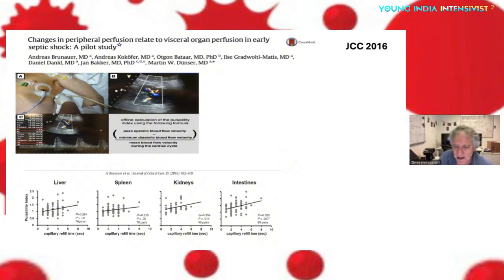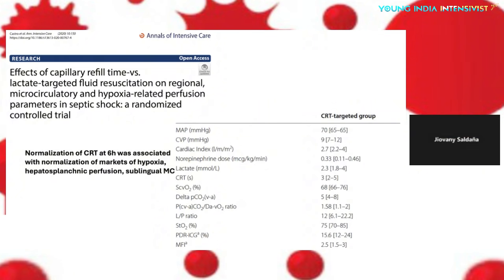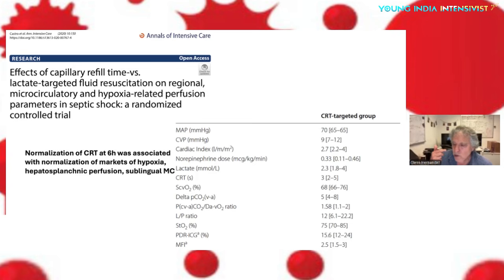But the inverse is totally true, 100%. 100% in the sense that if you get a cold, clammy skin that does not recover, it is impossible that the hepatosplanchnic region recovers, which you cannot see, of course, it's a black box. And there are some strong physiological data supporting that you can stop resuscitation with a normal CRT safely. You have epidemiological data, physiological data, 2 major RCTs now, and you can be confident.